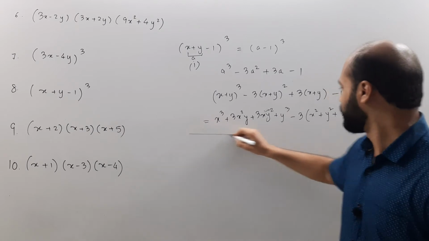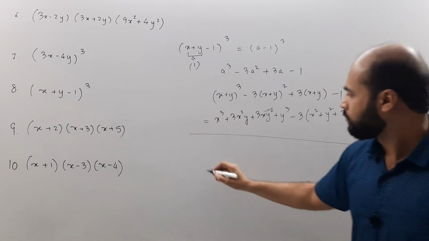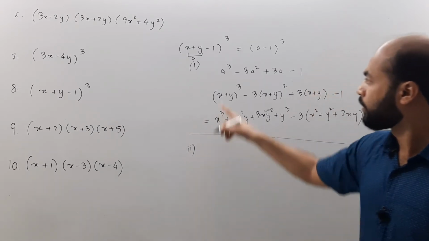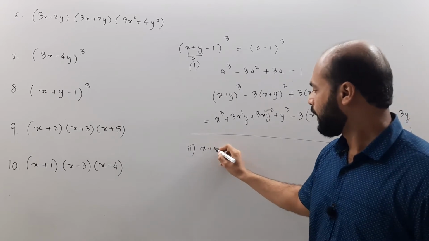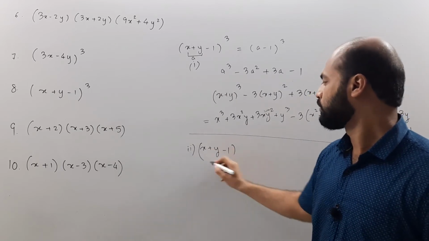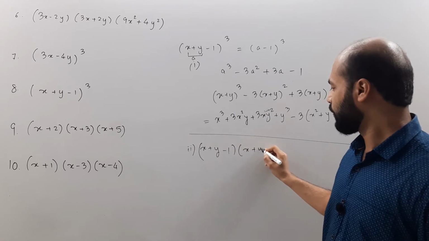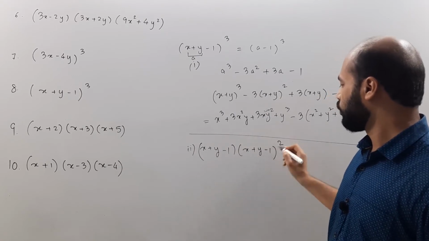So method number 2 we'll see. What we'll now do is, we will write this as x plus y minus 1 into x plus y minus 1 the whole square.